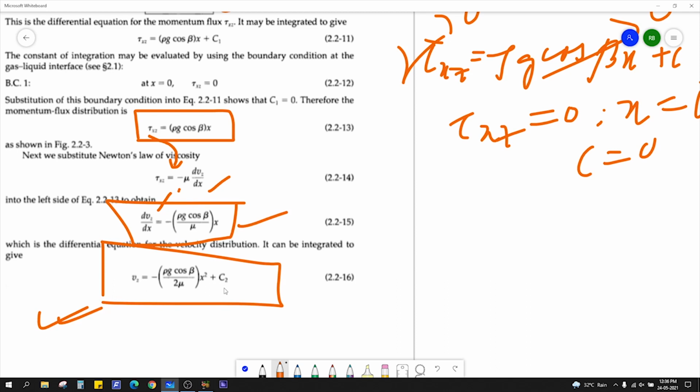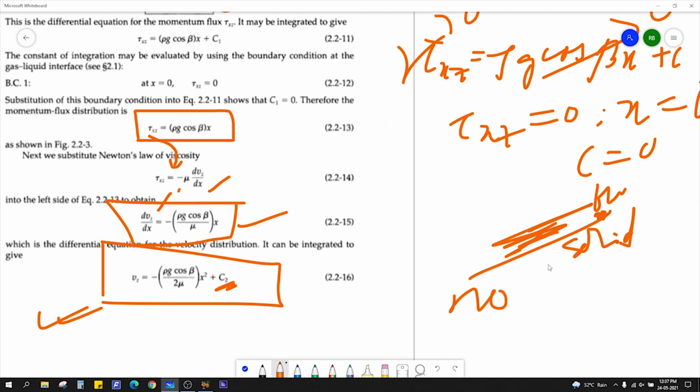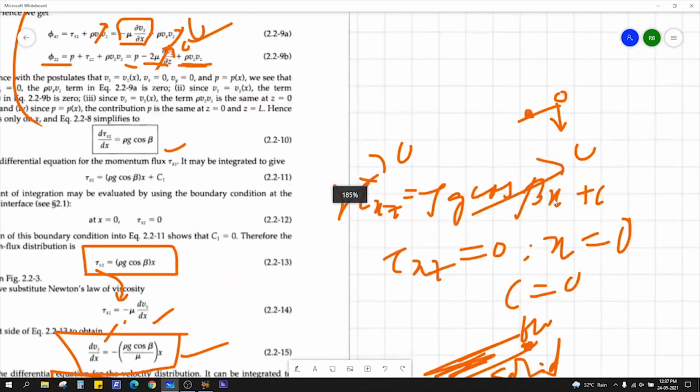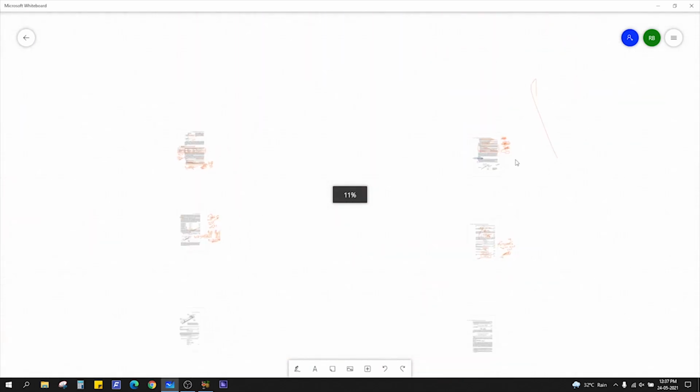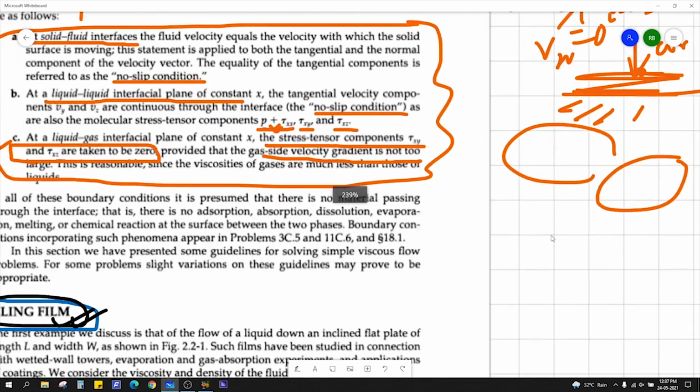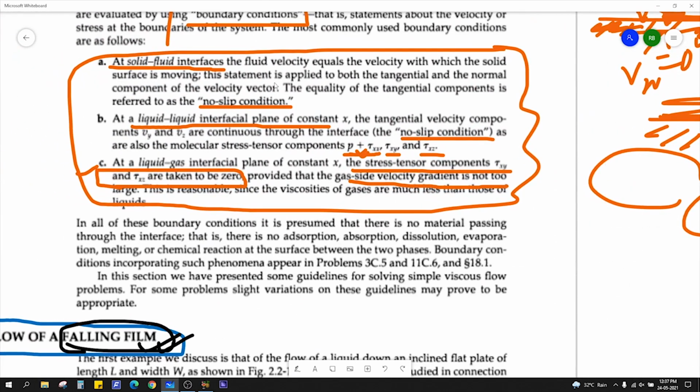Again, to know this C2 value, you have to use a boundary condition. Now you have to say where Vz is 0. The fluid is flowing here, and this is your solid surface, so this is your solid-fluid interface. At the solid-fluid interface, there is the no slip condition, so the velocity equals the velocity of the solid surface.